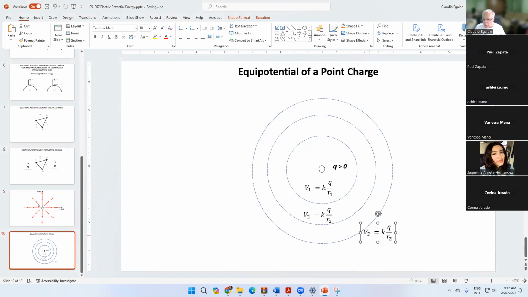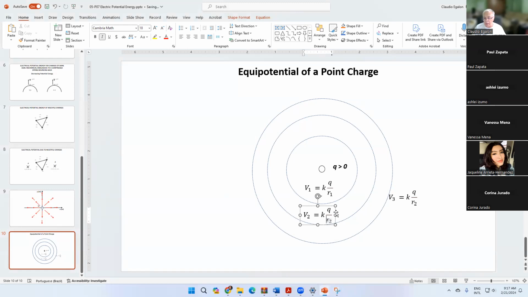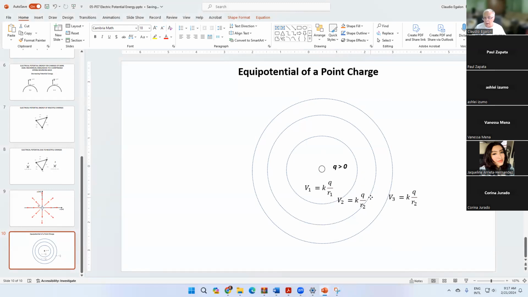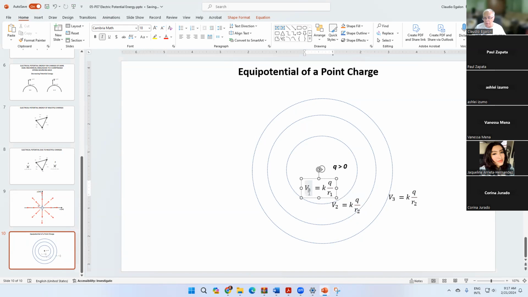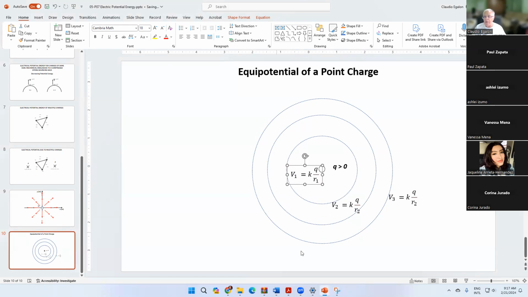Things become more and more complex when we have different charge distributions, right? There you go. That's one equipotential. That's another equipotential, right? And that's another equipotential right in here. 3 different equipotentials.